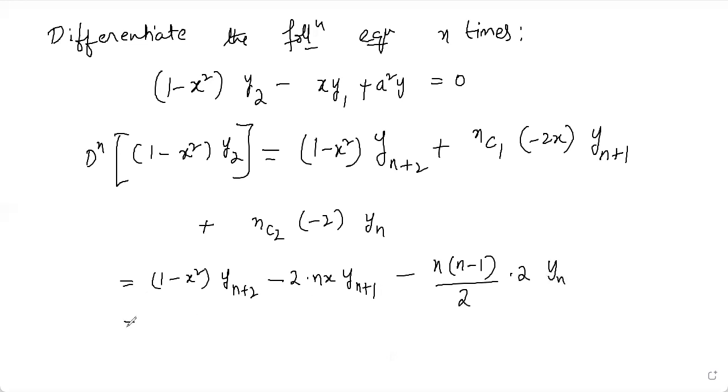So we have 1 minus x square, y n plus 2, minus 2nx y n plus 1. By cancelling 2, we get n into n minus 1 into yn.